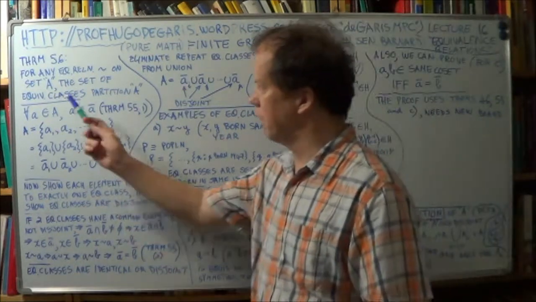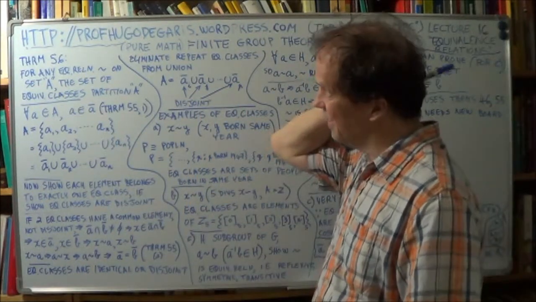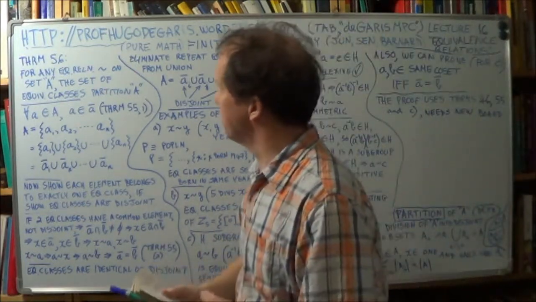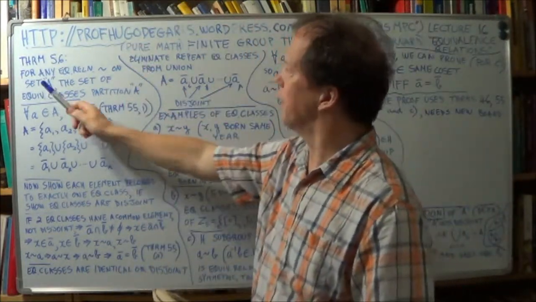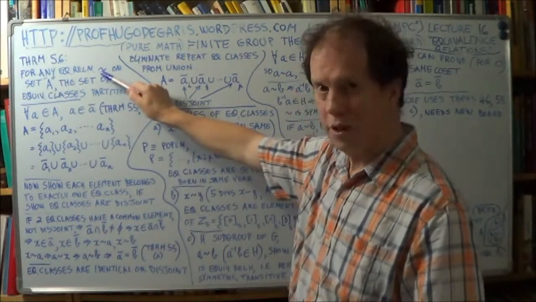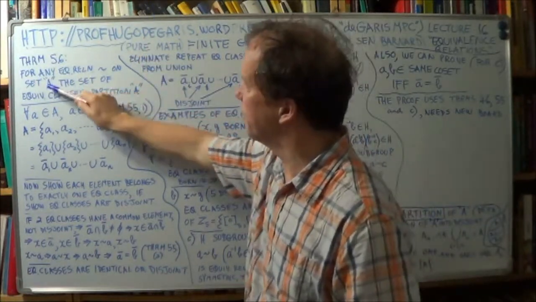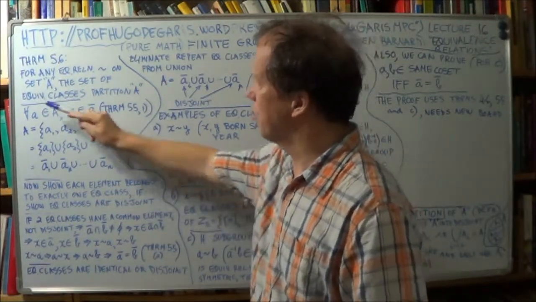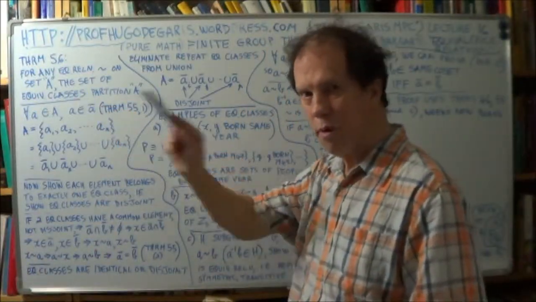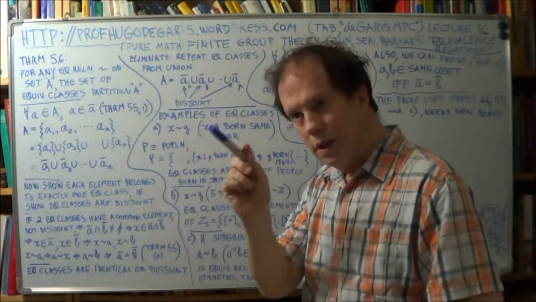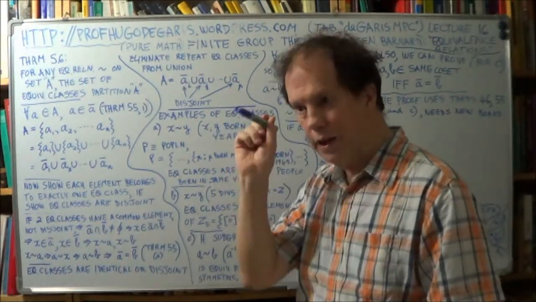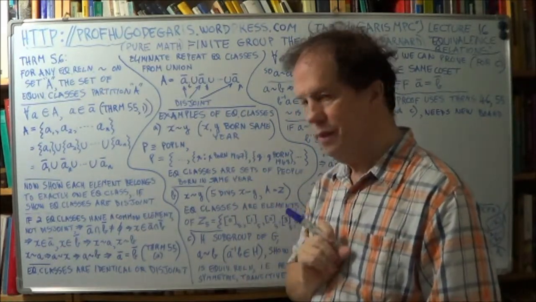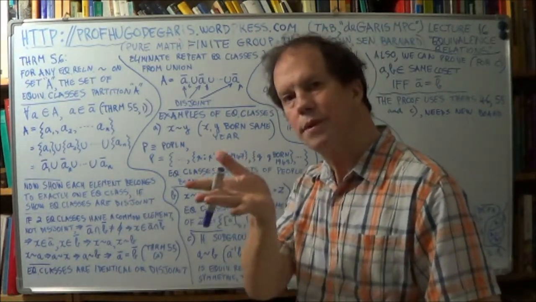So we can do our first theorem now for this topic on equivalence relations. So if you have a set A and you have an equivalence relation, whatever it is, defined on the elements of that set, then the equivalence classes, remember what that is? An equivalence class is a subset, and every member of that class is equivalent to all the other members of the class.